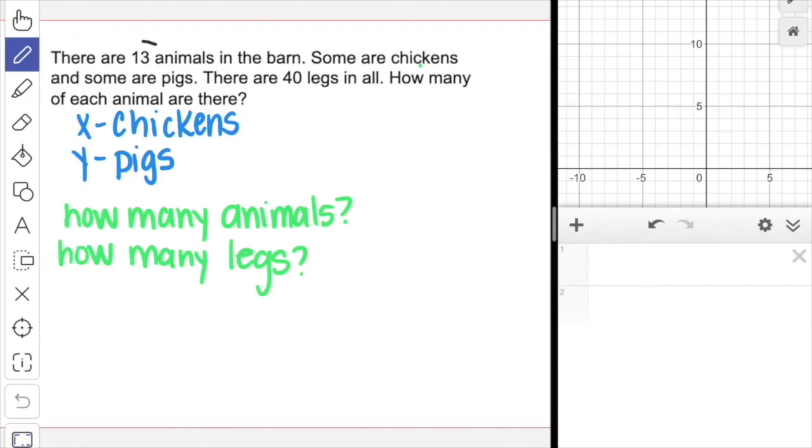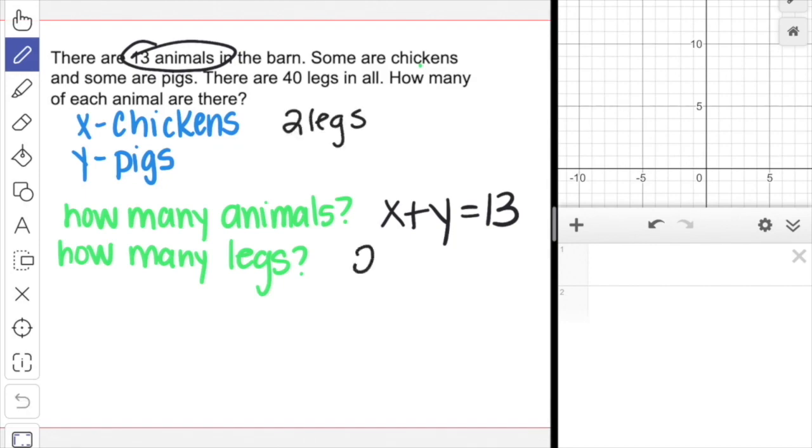So it tells me there's 13 animals. So we're going to do x plus y equals 13. So the number of chickens plus the number of pigs is 13 total animals. Now, some are chickens. So chickens have 2 legs. So this is going to be 2x plus pigs have 4 legs.